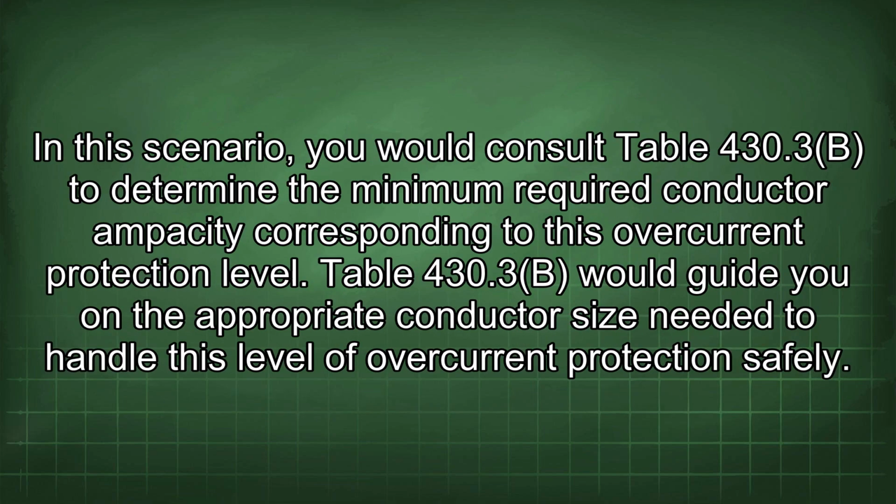In this scenario, you would consult Table 430.3(b) to determine the minimum required conductor ampacity corresponding to this overcurrent protection level. Table 430.3(b) would guide you on the appropriate conductor size needed to handle this level of overcurrent protection safely.